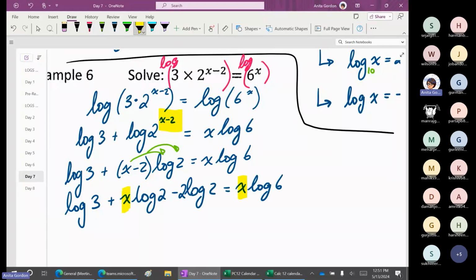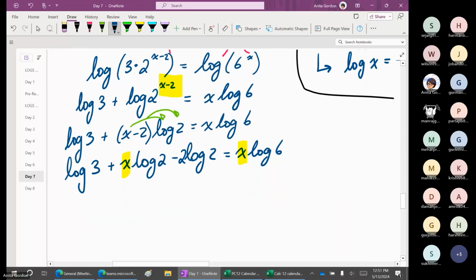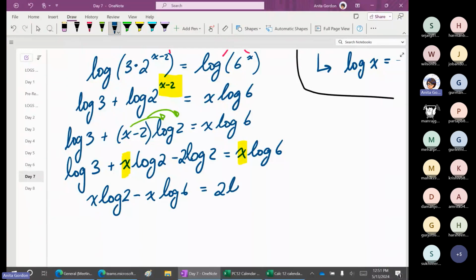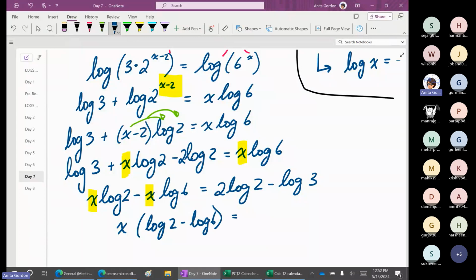So I'm going to move the logs that have an x to the left, and anything that doesn't have an x, I'm going to move to the right. So this will be x log 2 minus x log 6 equals 2 log 2 minus log 3. And now I can factor that x out. x (log 2 minus log 6) equals 2 log 2 minus log 3.